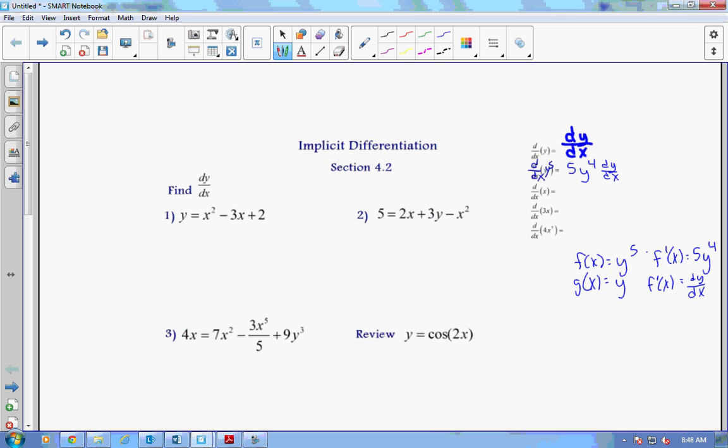Chain rule. Anyone remember chain rule? Yep. So when we have f of g of x, we get f prime of g of x times g prime of x.